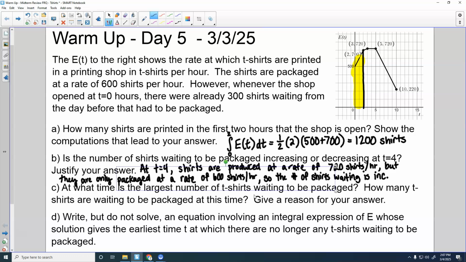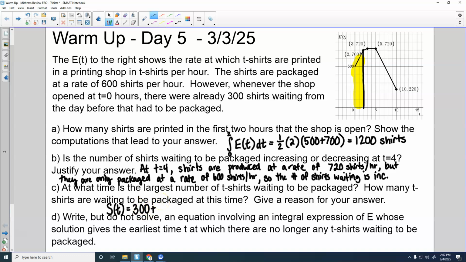There are a few ways you could approach this as well. Let's write ourselves an equation for the number of shirts that are waiting to be packaged. I'm going to call it S for number of shirts. So S of t would equal, how many shirts do you start off with? You start off with 300 shirts, right?